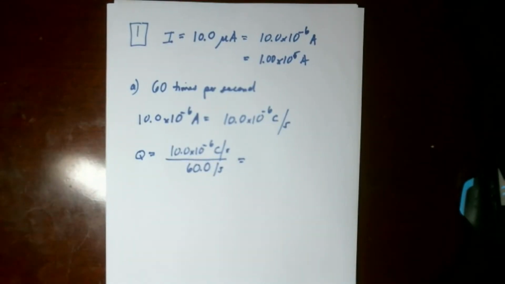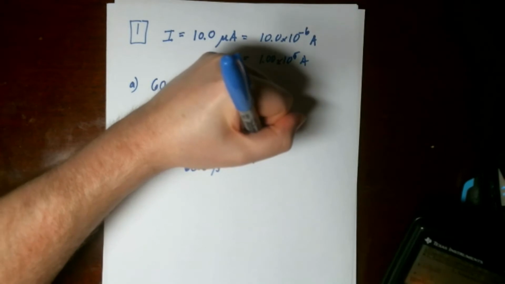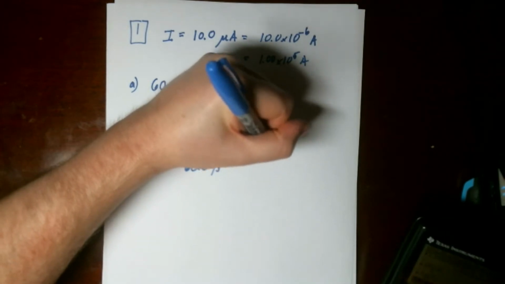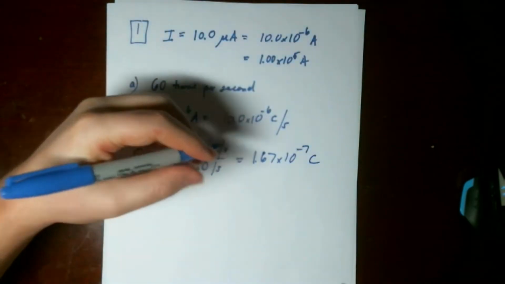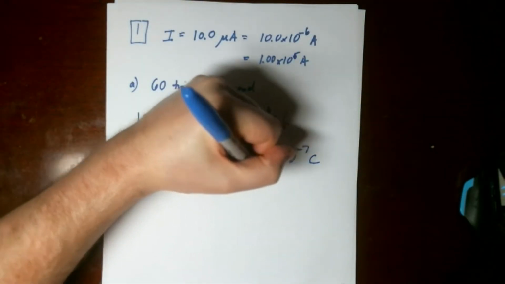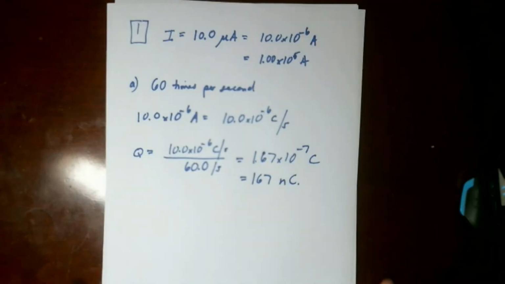So that gives us a charge striking the screen in 1 scan of 1.67 times 10 to the minus 7 coulombs. Or you could also write that as 167 nanocoulombs. So that's part A.